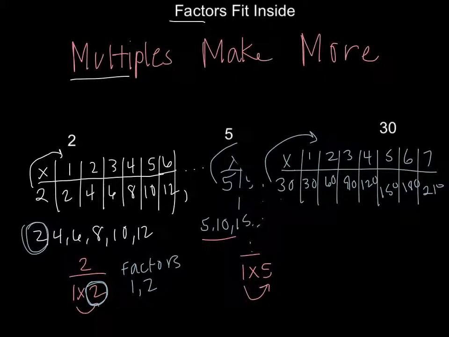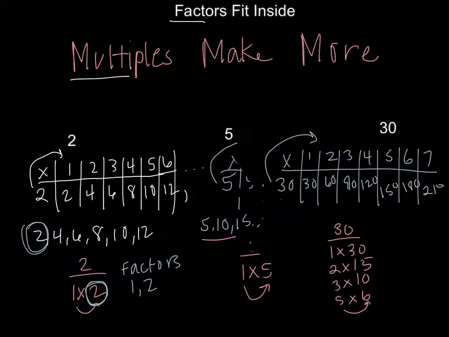And let's do our factors of 30. So what numbers fit inside of 30? I can start with 1 times 30. It's an even number, so I can do 2 times 15. 3 times 10. 5 times 6.